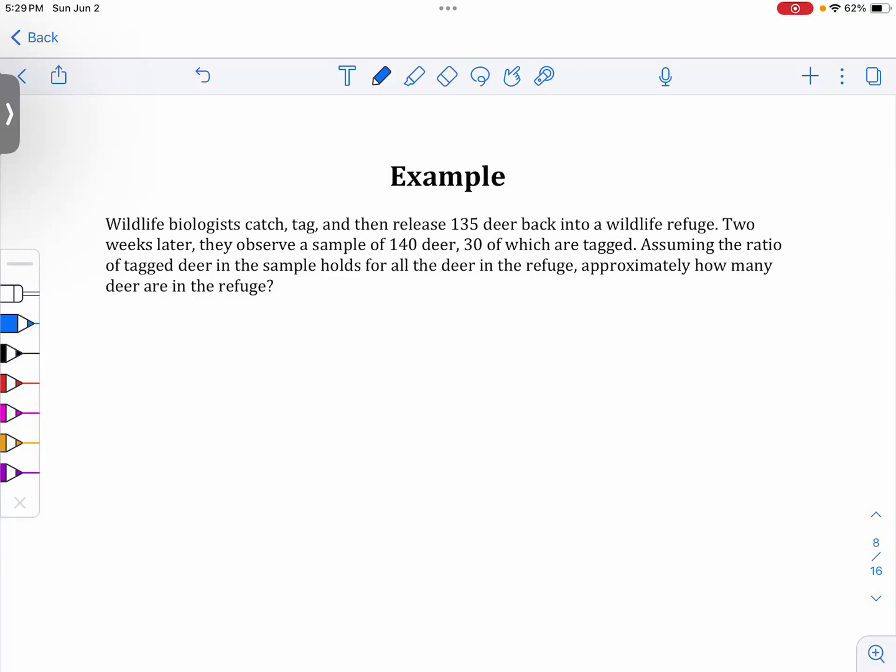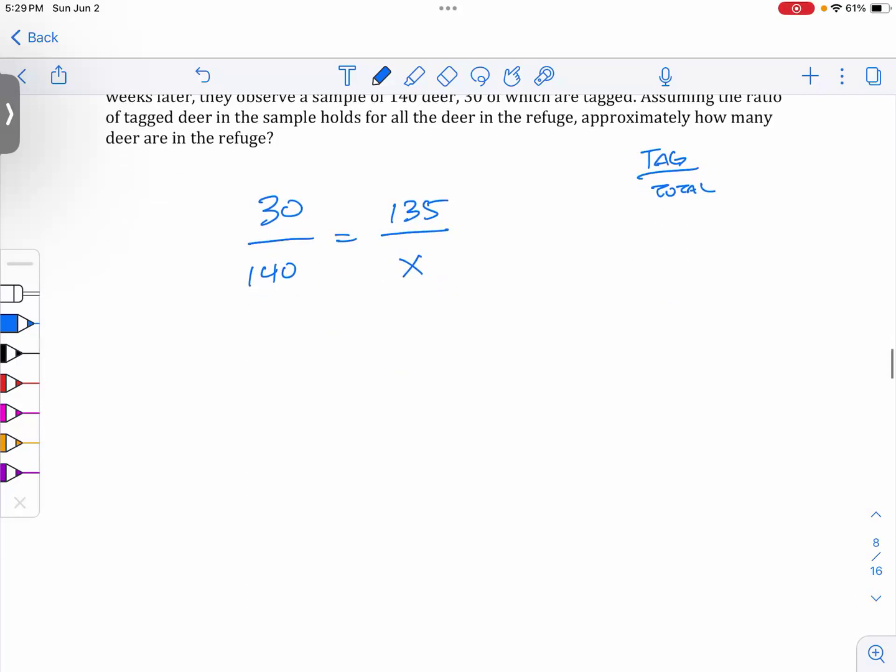So, all right, we had 30 tagged. And basically, we can set this up as tagged over total, and we're going to keep that consistent. So we had 30 tagged out of 140. And then they tagged 135, and we're trying to identify the entire population. So cross multiply and solve this guy. 30x equals 135 times 140.